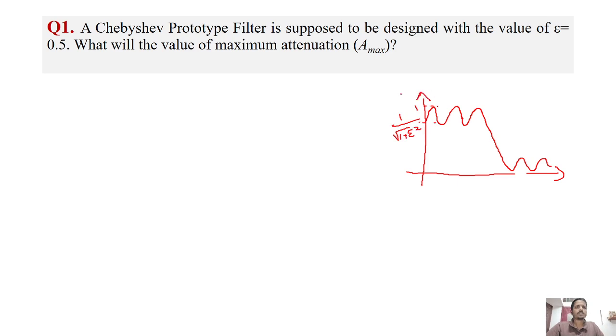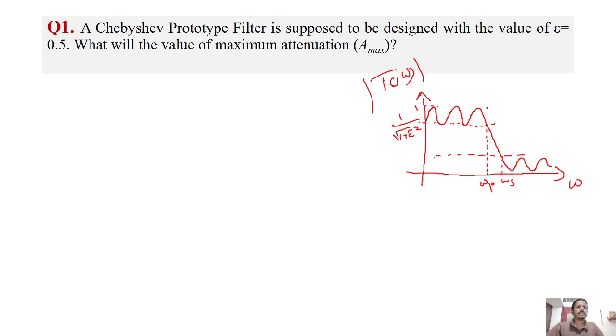This is the magnitude of T of j omega, the transfer function of the Chebyshev prototype filter in the frequency domain. There is a cutoff omega p, and this will be omega s.